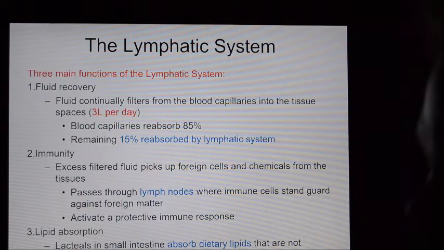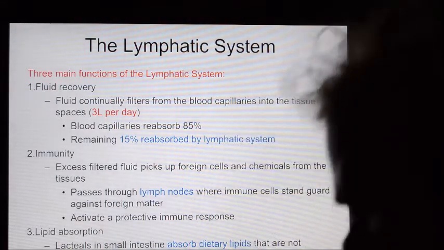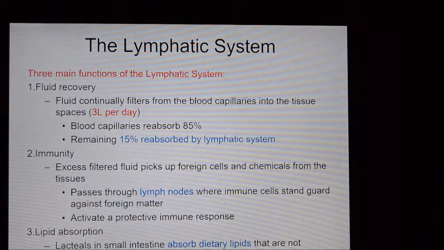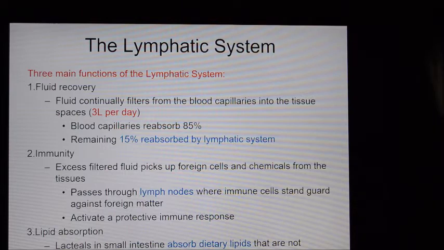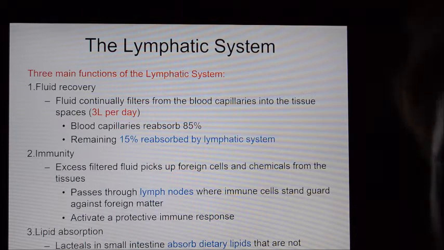When this pulse wave of blood pressure hits the capillaries, it pushes fluid out of the capillaries into the extraneous tissues of the body. This is where nutrients and waste and oxygen, carbon dioxide, all that stuff exchanges.